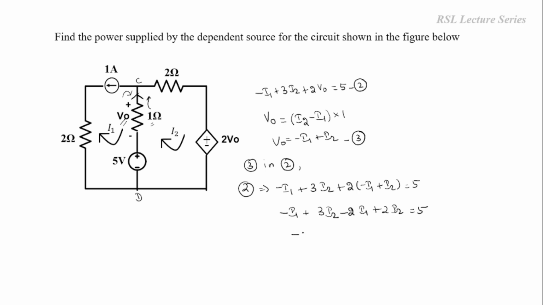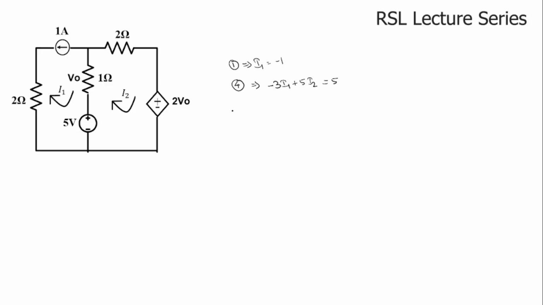So this can be written as minus 3I1 plus 5I2 equal to 5. This is equation number 4. Already we know from equation number 1 that I1 is equal to minus 1. So now we substitute equation 1 in 4.